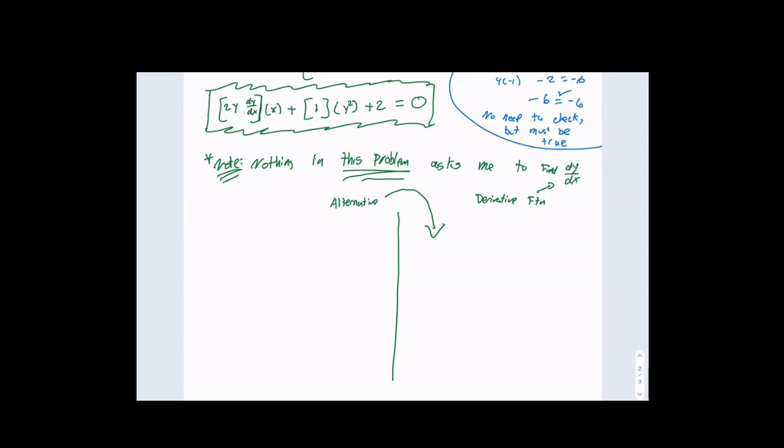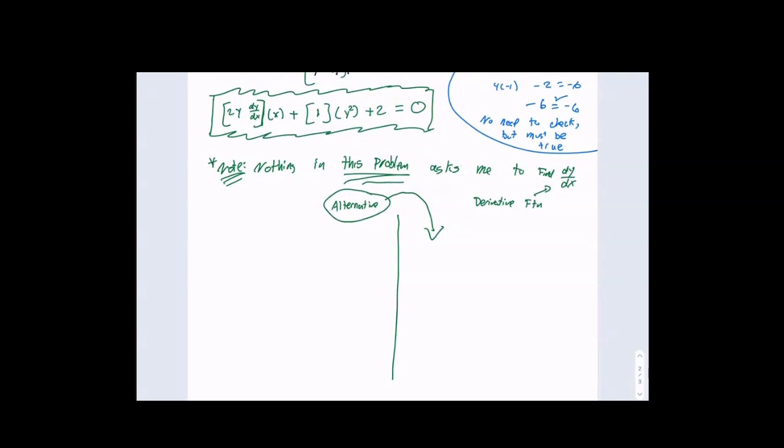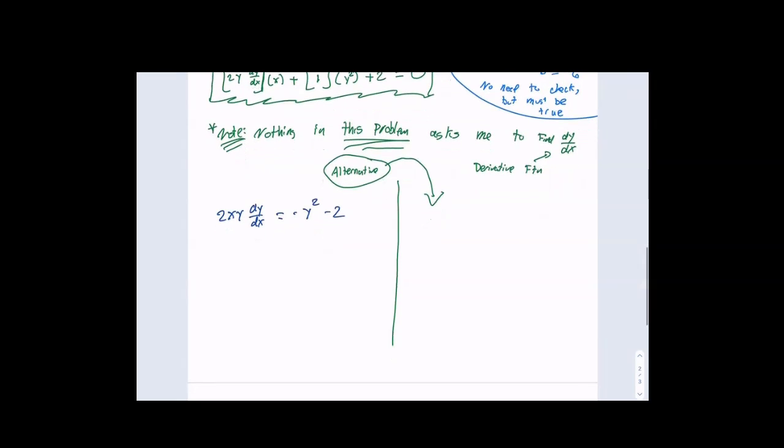So that's going to be the alternative one. But let's do this one first, a more traditional way, just like you did in your homework. This was your homework last night. We want to find dy/dx. I would get 2xy dy/dx equals -y squared minus 2.